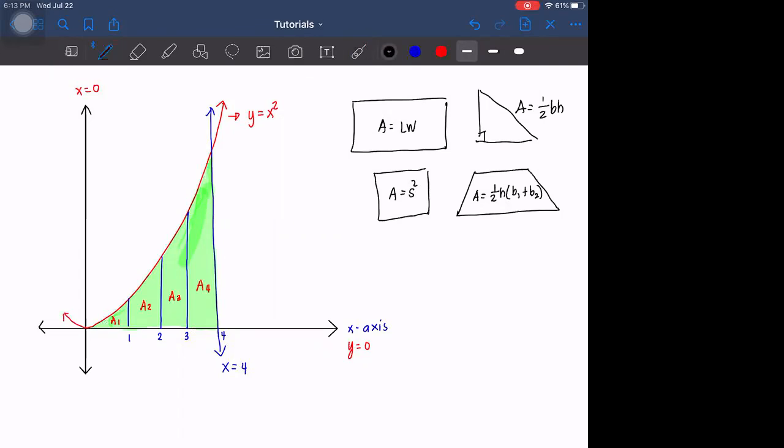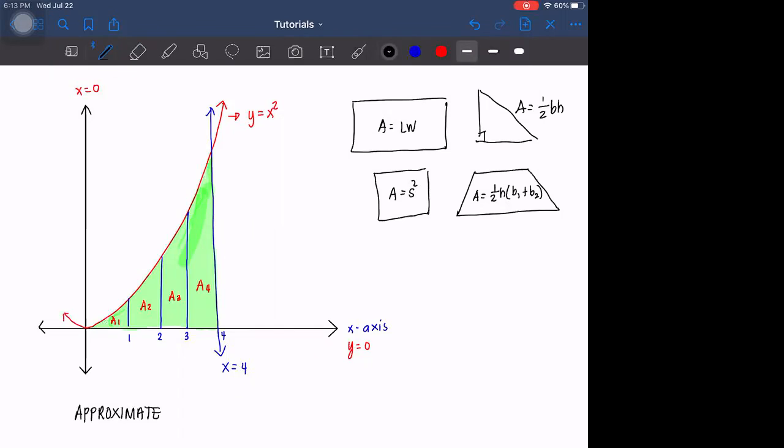Do we have a formula again? I will ask, do we have a formula for this, since it's a curve there? Do we have a formula for the area? No. Do we have a formula for that? The answer is still no. So what we can do is to find the approximate area. What is approximate?